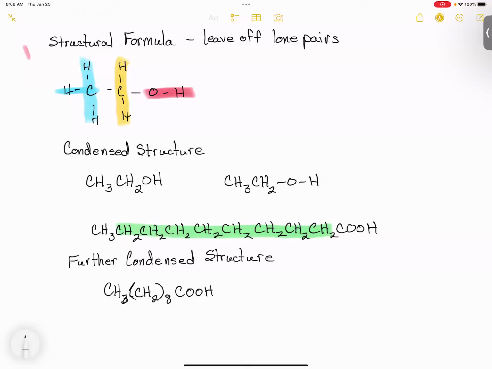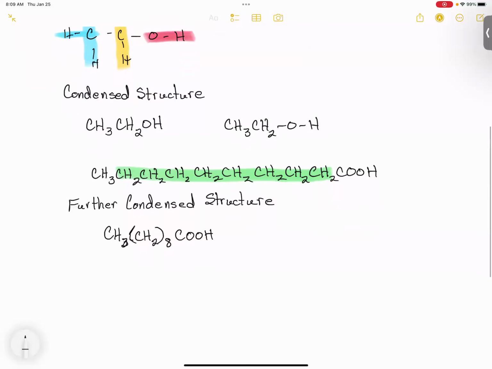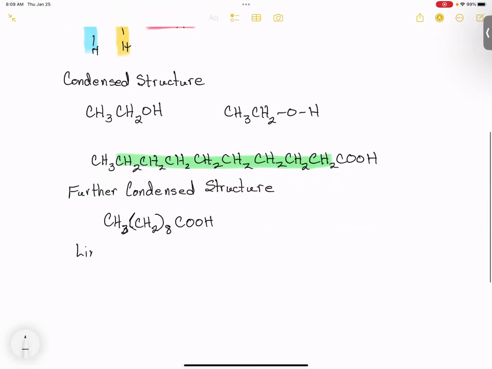Now, none of these tell you anything about shape. They don't tell you what shape every single carbon has. The first one that hints at shape is a line or line angle structure. This is going to be the very first one that actually will hint at shape. Again, it only hints at shape.